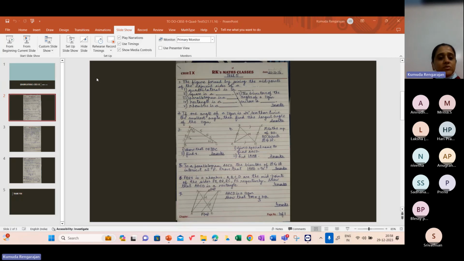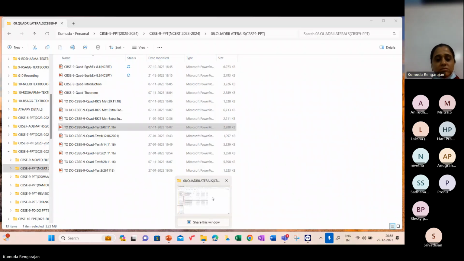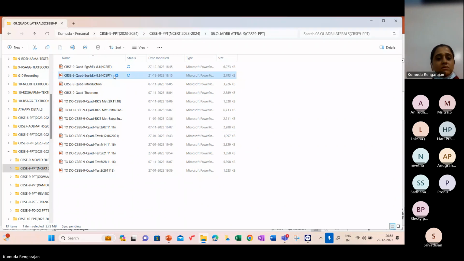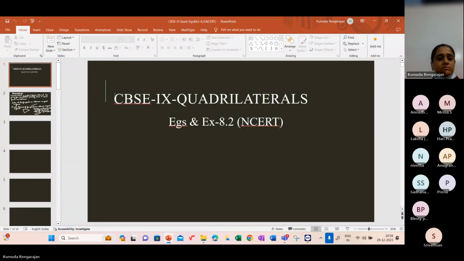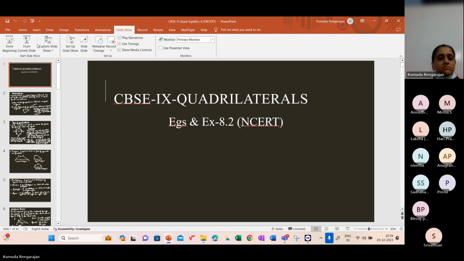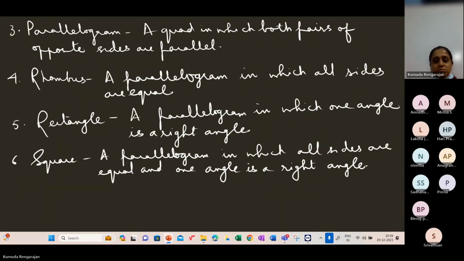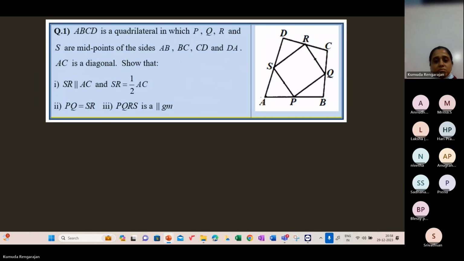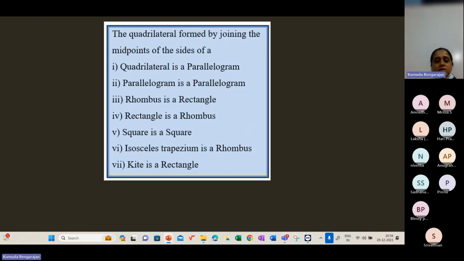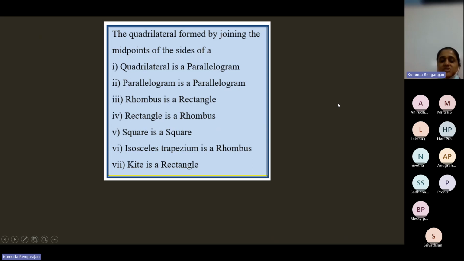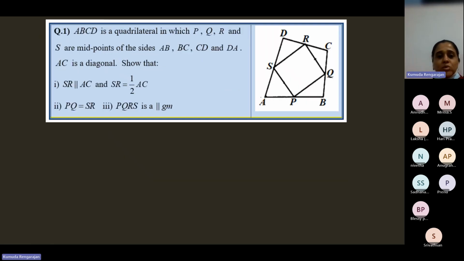I also shared that image with you, no? I think I shared this one. The quadrilateral formed by joining the midpoints of the sides of a quadrilateral is a parallelogram. See, that's what we've been proving here.